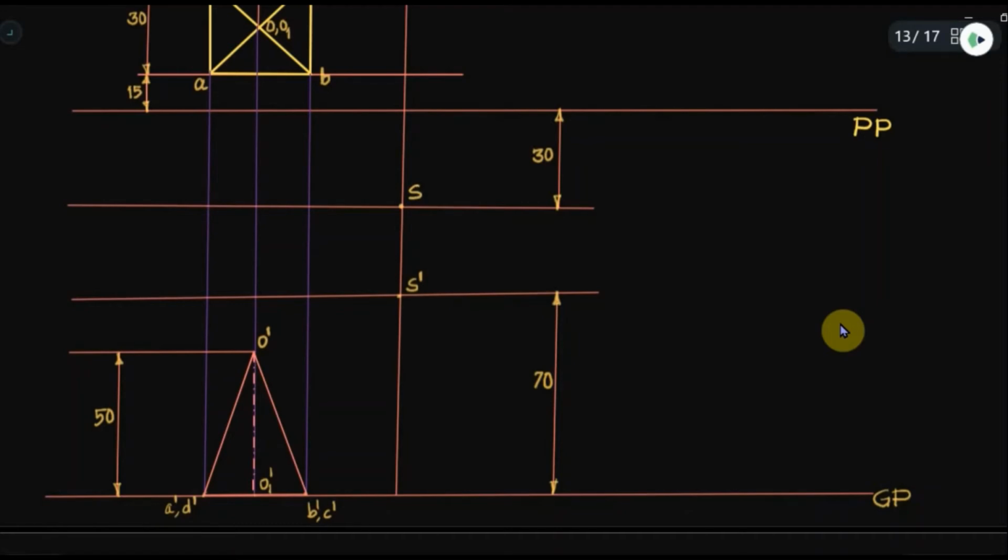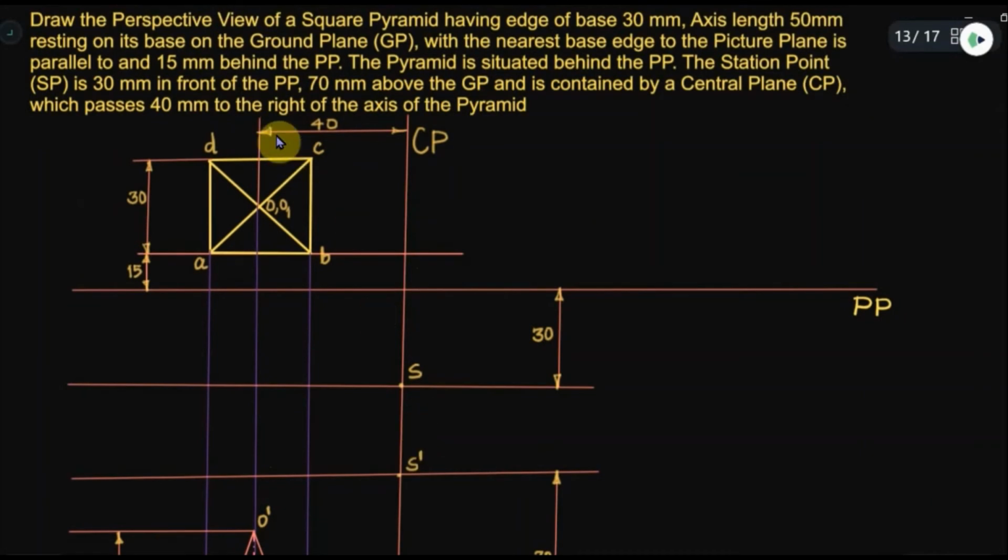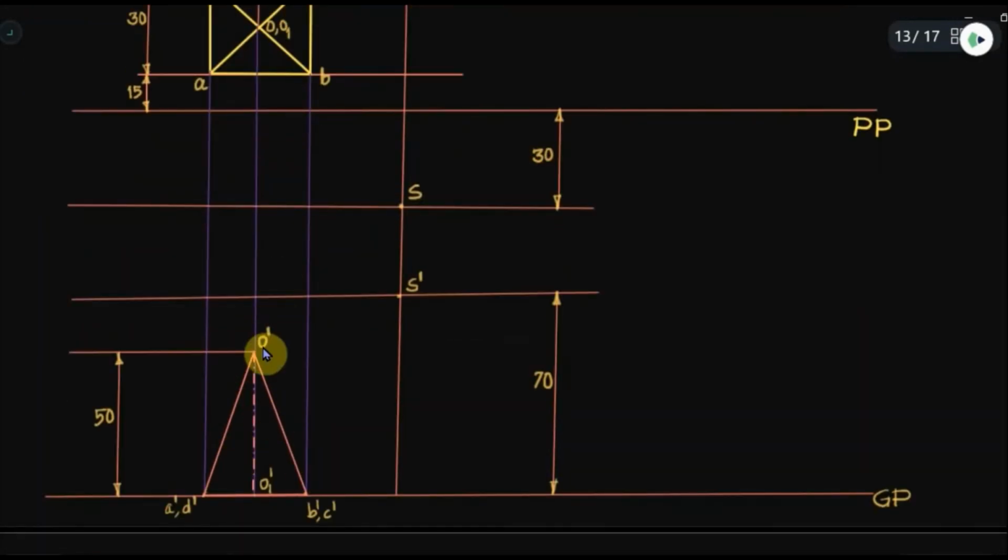So the distance in front of PP is utilized to mark the top view of the station point, and the distance of the station point above the GP is utilized to mark the front view of the station point. And both S and S dash will be on the central plane line. And here the central plane line is 40 mm to the right of the axis of the solid. The solid here is the square pyramid.